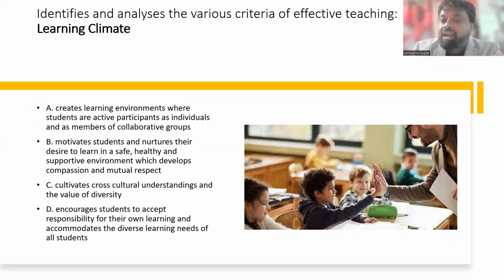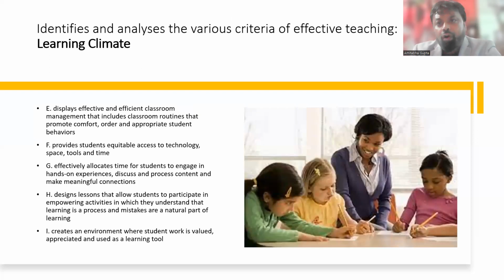Cultivate cross-cultural understanding and the value of diversity. Encourage students to accept responsibility for their own learning. That is the most important lesson you are going to teach them, and it is going to be applicable throughout their life. And accommodate the diverse learning needs of all the students.